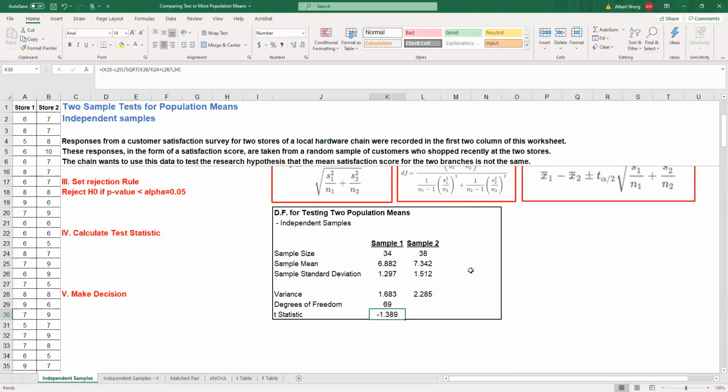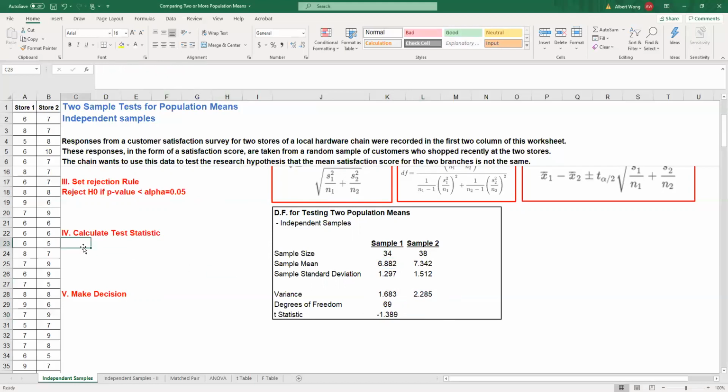In this part of the worksheet, I also calculated the test statistic. The test statistic is actually not too bad, right? You compare the means and you divide by the estimated standard deviation, in the form of the square root of S1 squared over N1 plus S2 squared over N2. If you can use Excel formulas, these things can be done quite quickly.